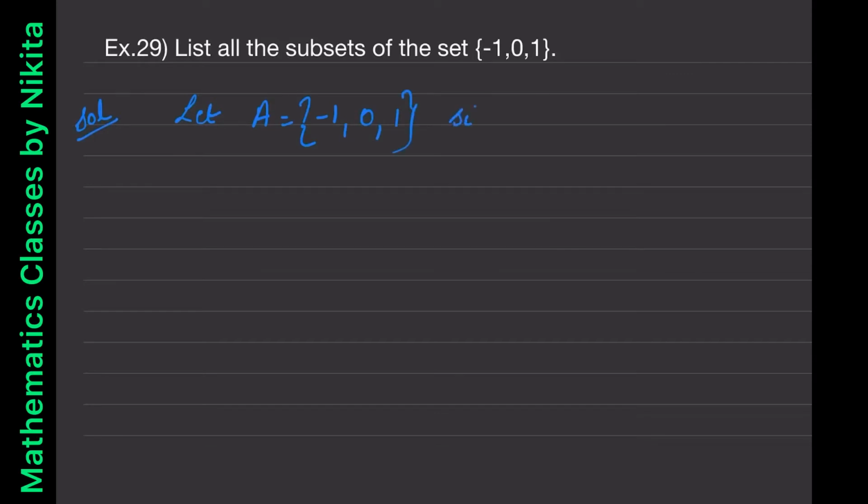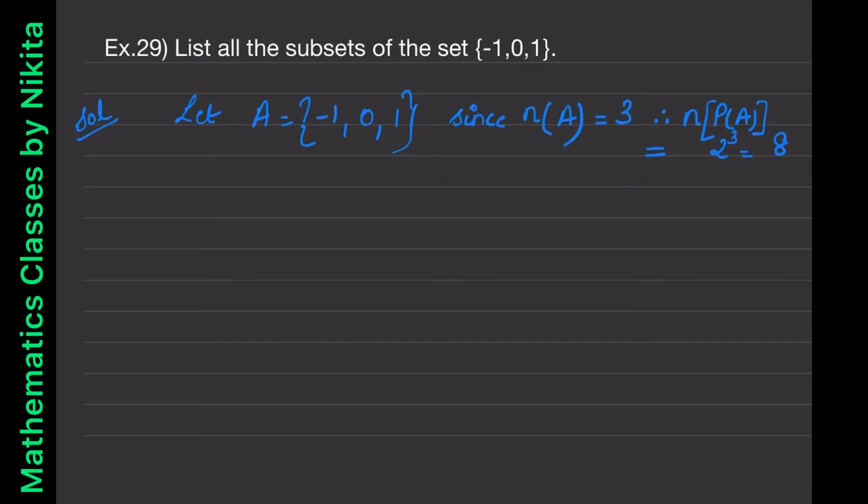Now since the number of elements in A is 3, the number of elements in the power set of A, I told you there is a formula to calculate the number of elements in P of A, and the formula is 2 to the power 3. Whatever number of elements are there in your A, just write 2 to the power that number of elements. So this is 8. So the number of elements in the power set of A will be 8.